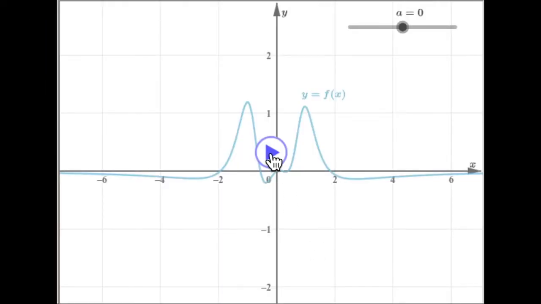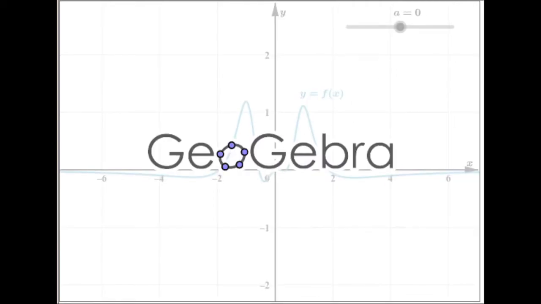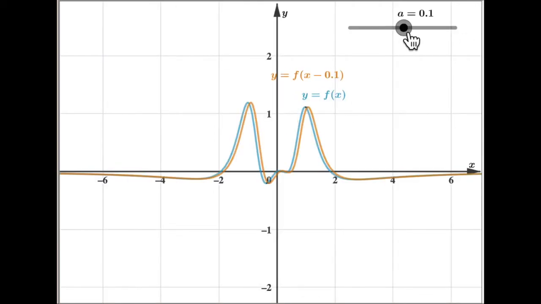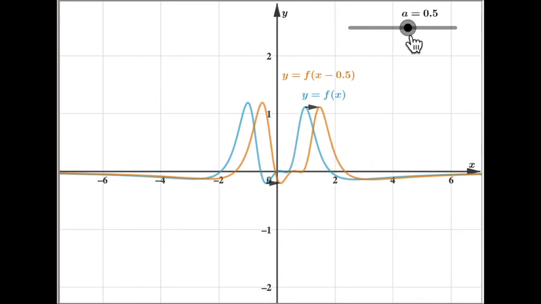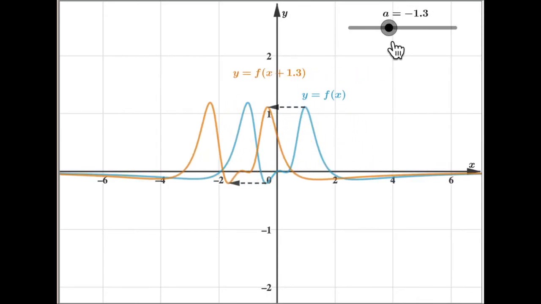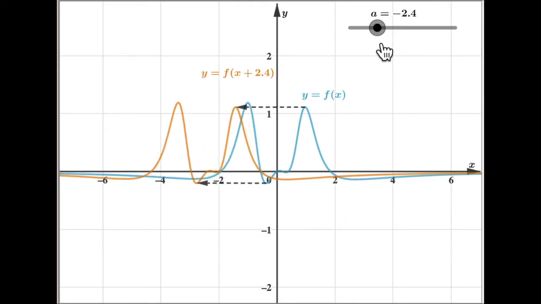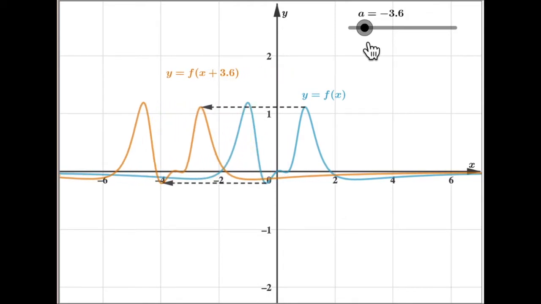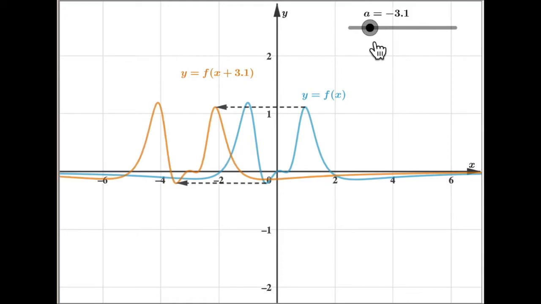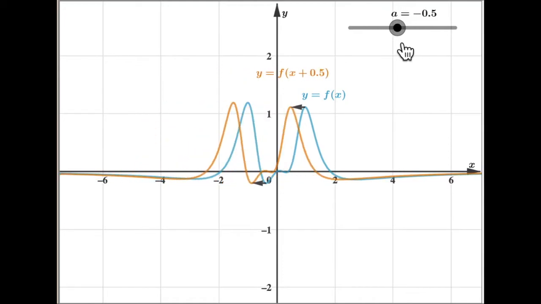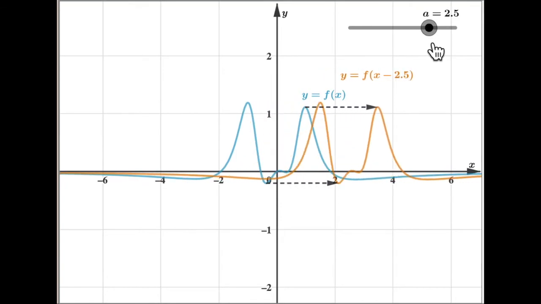Okay, so we can have a look at this nice visualizer that shows us when we're increasing a, so when it's x plus whatever number, so when we're increasing or decreasing the slider, it's just moving the function by that much to the left or to the right. This can really help you visualize what this translation is doing.